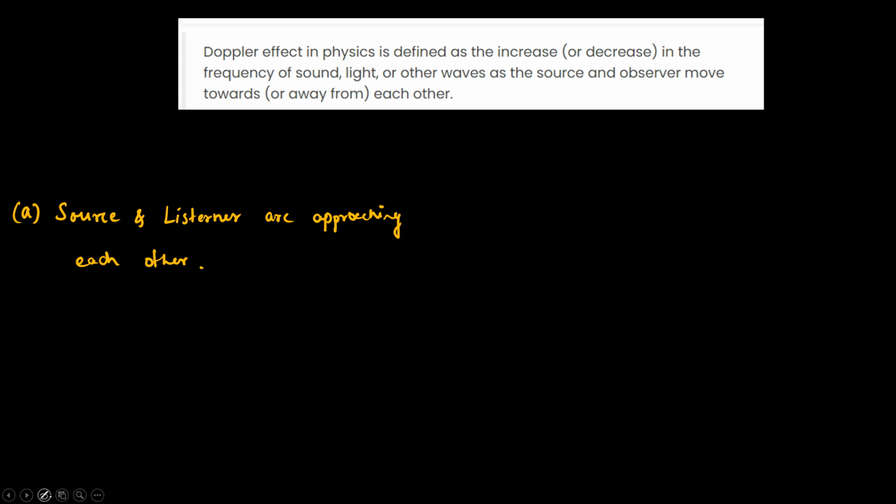So first is when source and observer are approaching each other. Let me write down over here A. The source of sound and the observer or the listener, source and listener are approaching each other, as in they are both traveling in opposite directions.